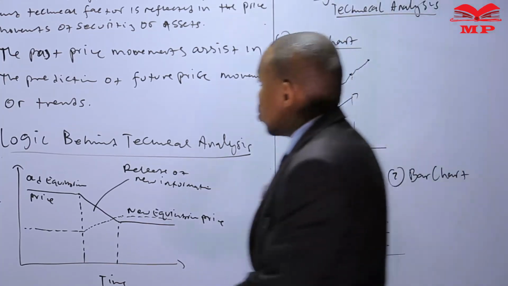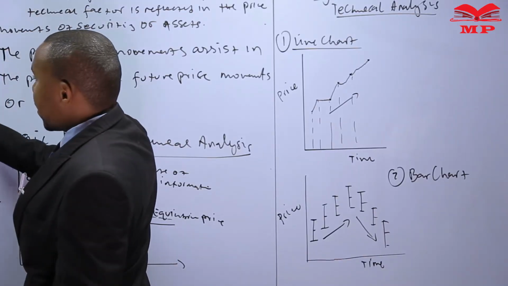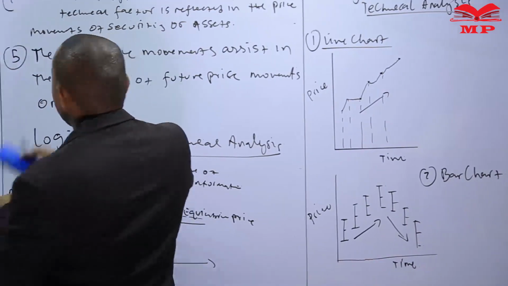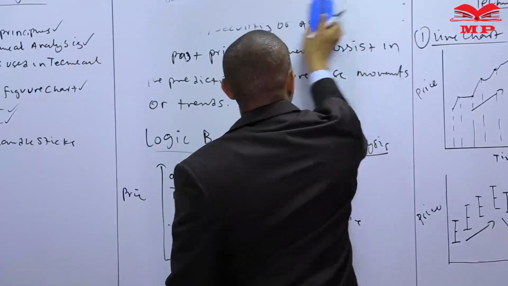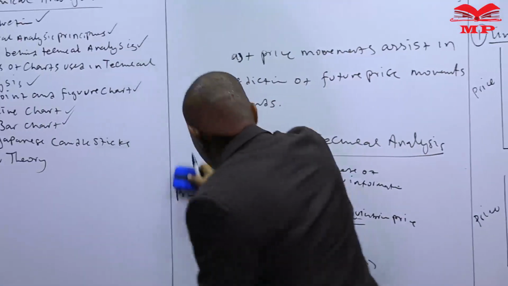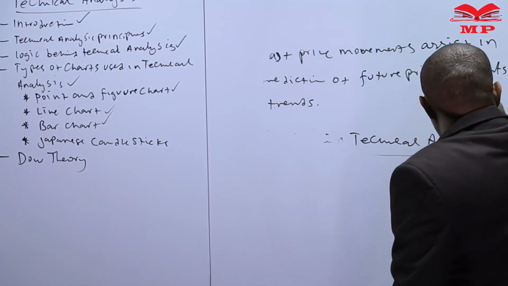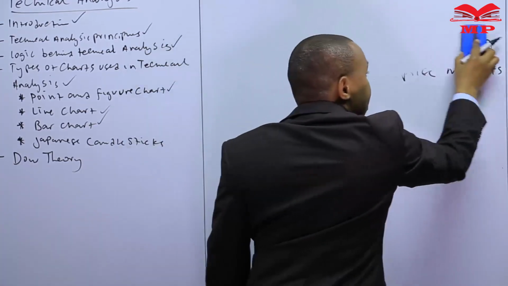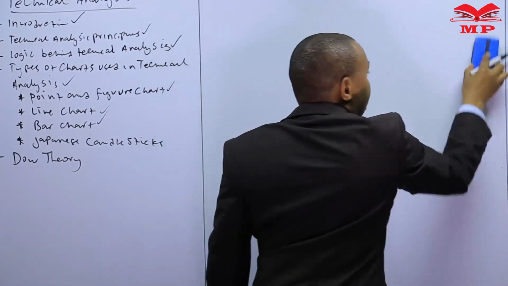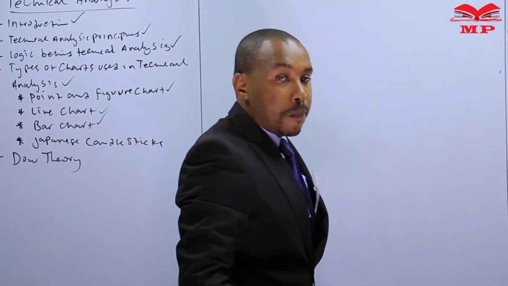Now, having looked at those two, let's look at the point and figure chart. The point and figure chart right there. Under the point and figure chart, a plot of only prices is provided, but now in a very different and unique way.